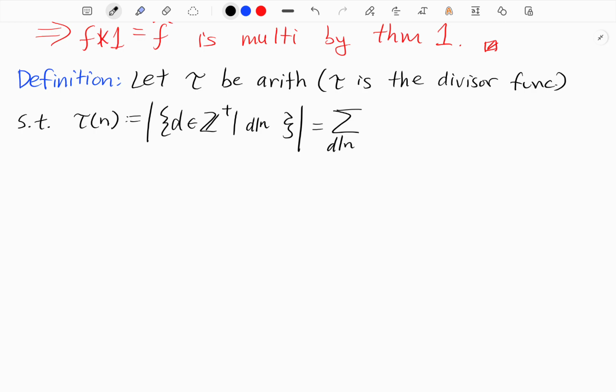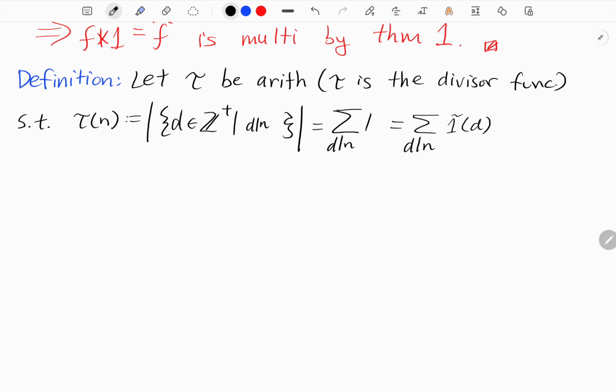You have 3 divisors, you have 3. If n has 5 divisors, there's 5. So each divisor of n contributes 1 when it comes to counting how many divisors n has. So I'll just put 1 there. But 1 is the same thing as 1 tilde of d.